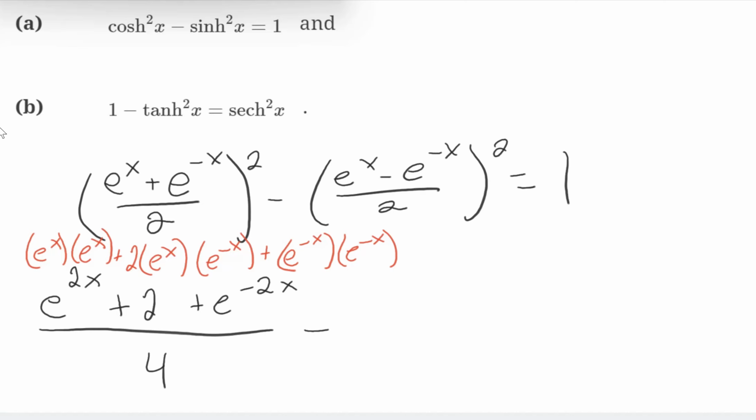And then I've got minus. The only difference between this one and the one we just did would be the middle term. So I got e to the 2x minus 2 plus e to the negative 2x all over 4.